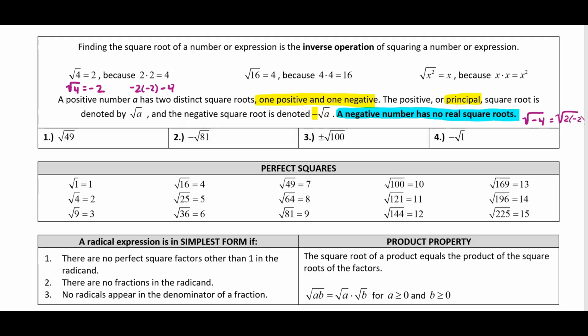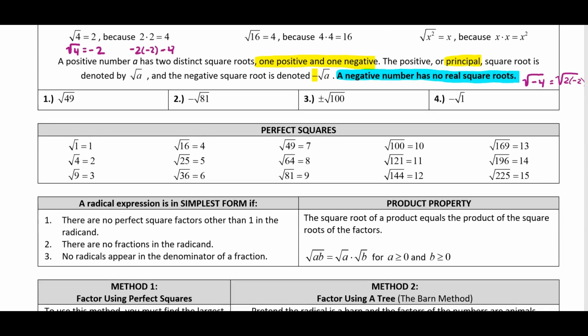And since those numbers are not the same, I can't take the square root of negative 4. It doesn't give me a real answer. Okay, so there are answers out there that would work, but they're not called real. They're called complex. And we don't get into that until Algebra 2. So for us, anytime you see a square root of a negative, not a real answer.